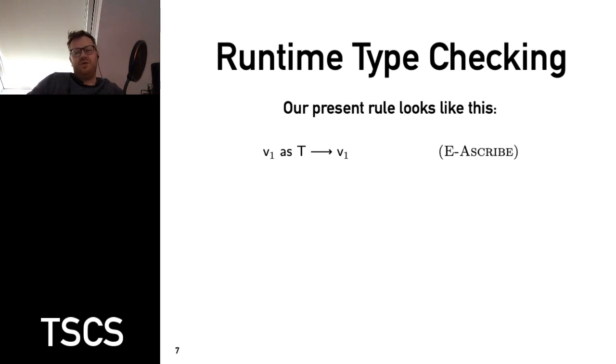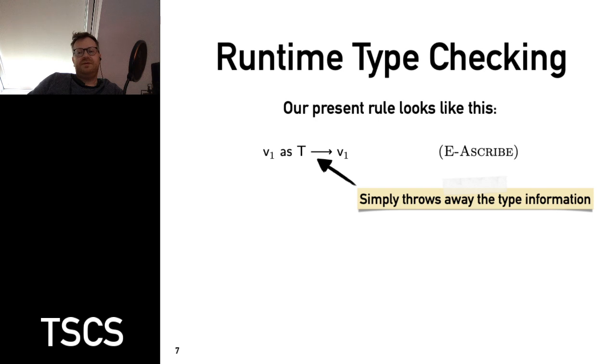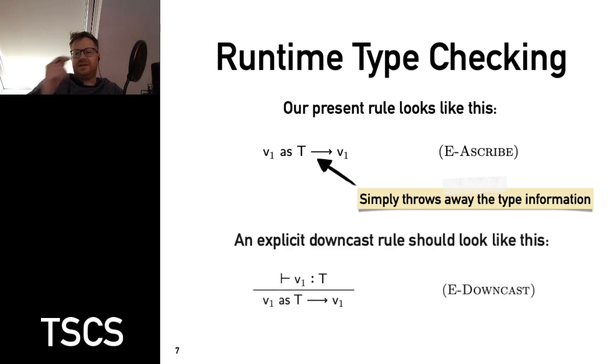This may work. So let's look at this. So you have an E-Ascribe, and the E-Ascribe says okay, if you have a value v1 as T, then you can progress that down to this value. This is fine. And this simply throws away the type information. This is the present rule that we have. Let's modify this a little bit and call this E-Downcast.